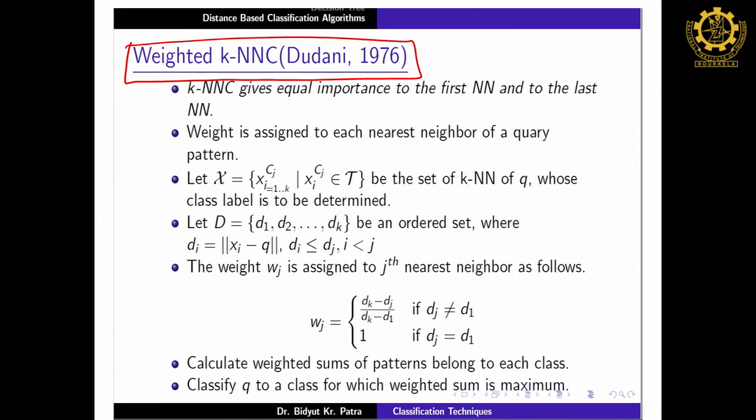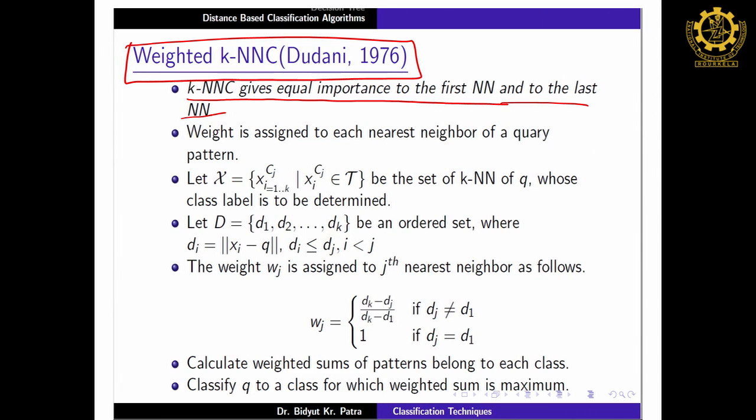Now, there is one drawback here. KNN gives equal importance to the first nearest neighbor and the last nearest neighbor. If you have 10 friends, it is really very difficult to give equal importance to all of them. You give some friends more importance, and you very often discuss your problems or share your joy with them. Maybe a close friend is much better than the others.